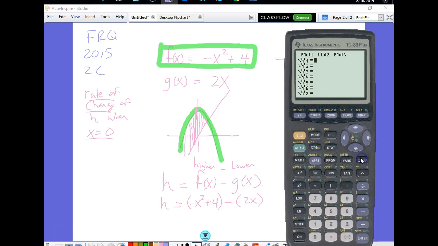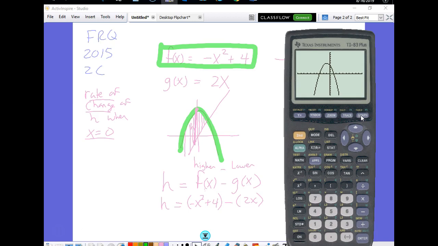I guess I'll put it in parentheses. I don't really need to, but I know that when you guys do this, you'll need to. Minus parentheses 2x. Okay, so there's my h function. That's a function that represents the distance between those two lines. Looks a lot like the other one I had, right? But that's a different one.